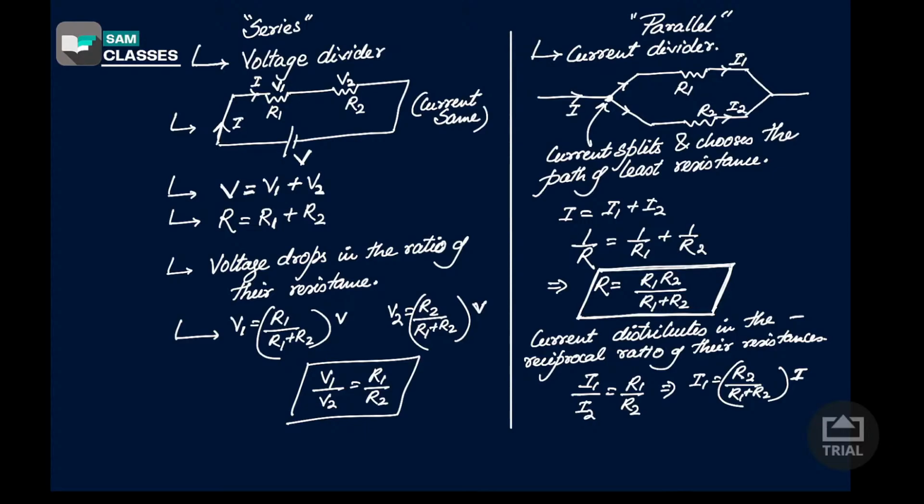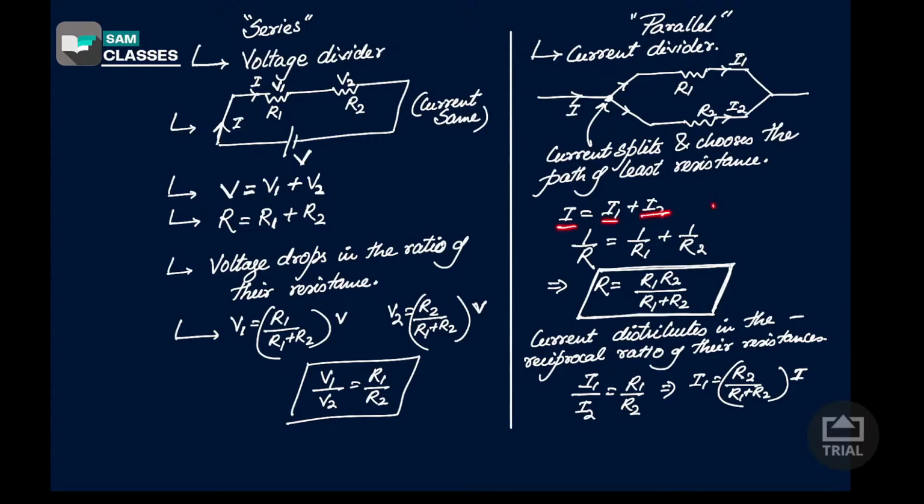Now let's see, in the case of parallel connection, what is the current? It gets divided. How much will it divide? It gets divided by the logic that it follows the path of least resistance. So here current is equal to I1 plus I2, but voltage is the same.